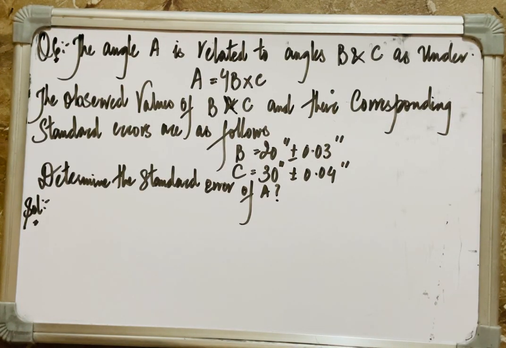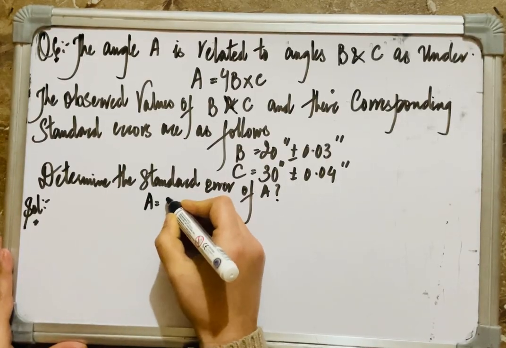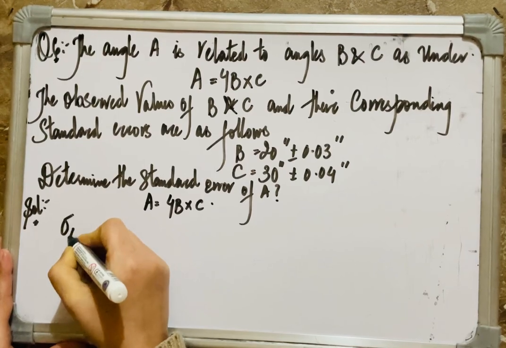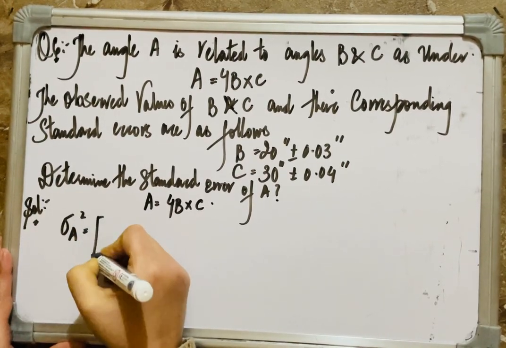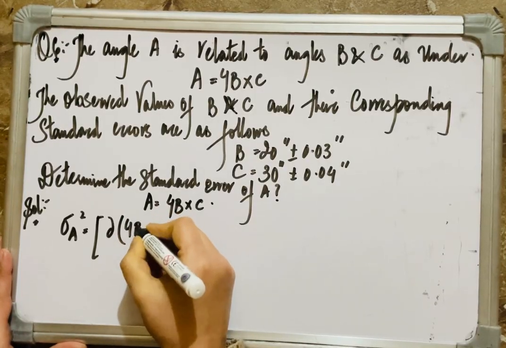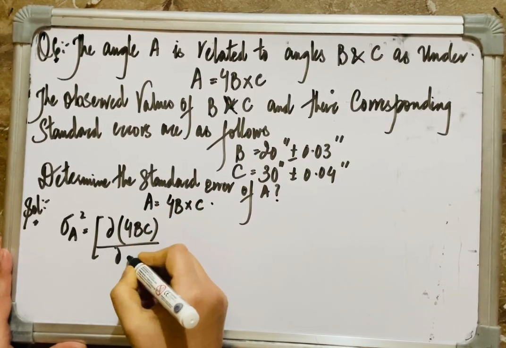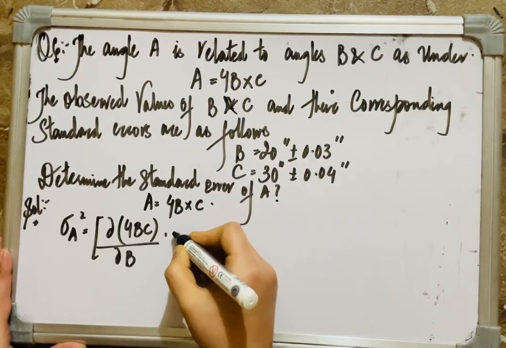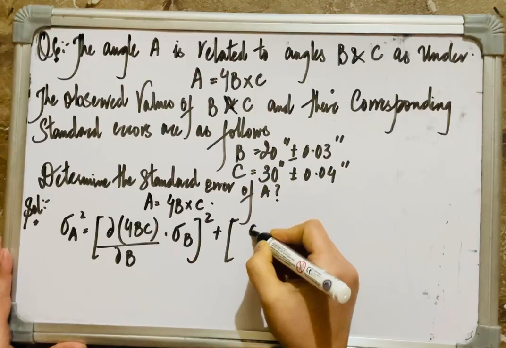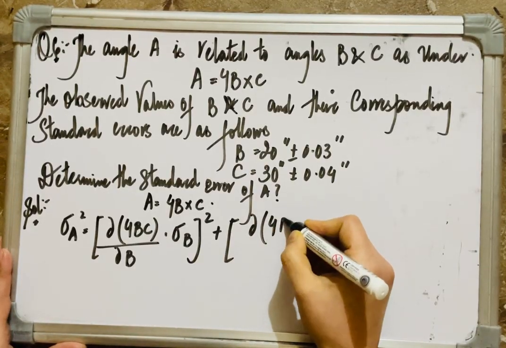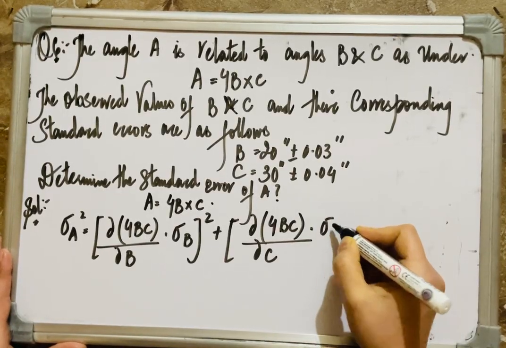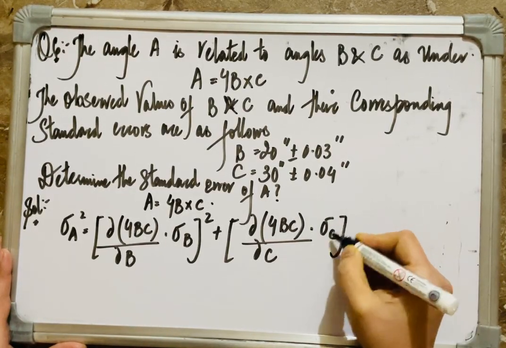So the expression is A is 4BC. That means sigma A squared is the derivative of 4BC with respect to B times the standard error in B, squared, plus the derivative of 4BC with respect to C times the standard error in C, squared.